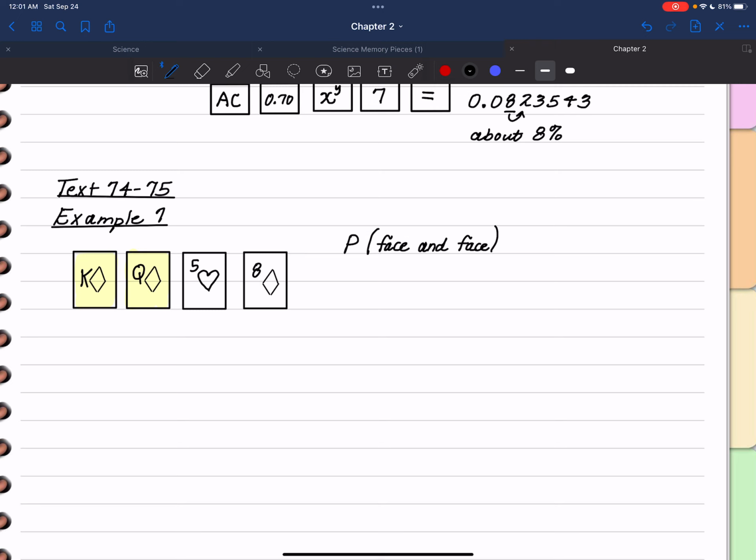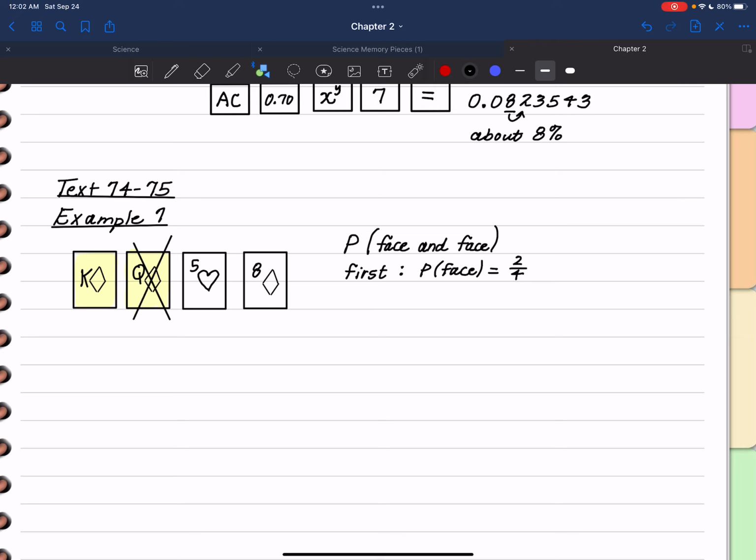So the probability, let's do the first one. The probability of a face card on the first draw is, out of 4 cards, there are 2 face cards. So let's say that on the first draw, I draw the Queen of Diamonds. So we're going to take her out.